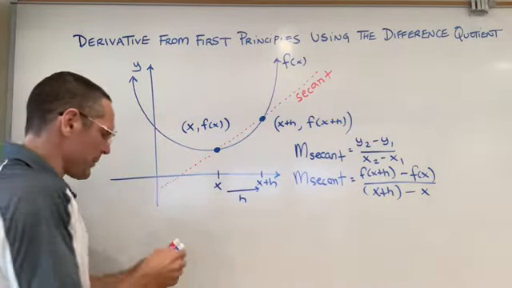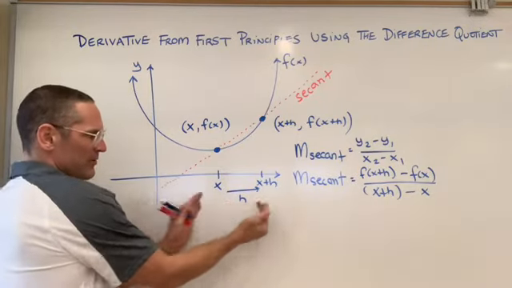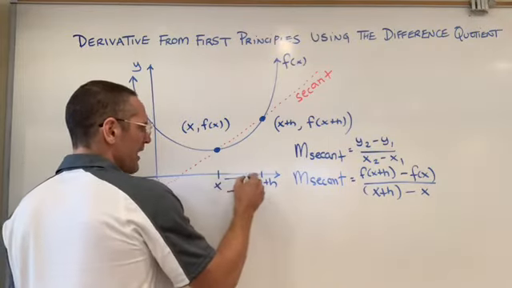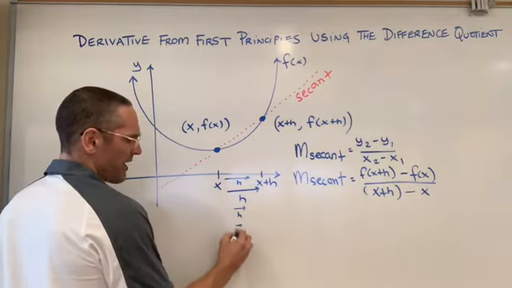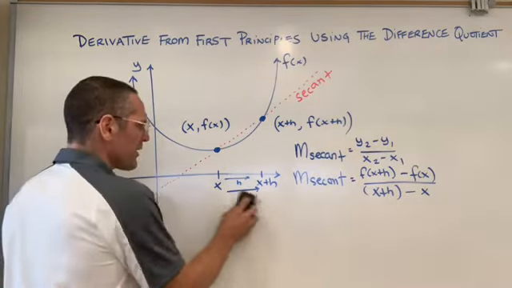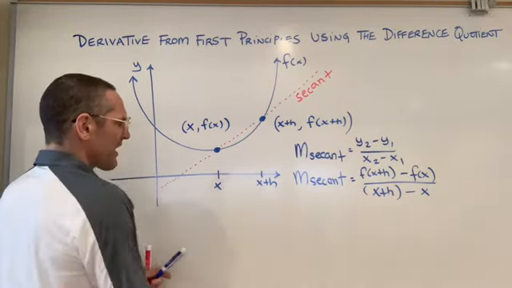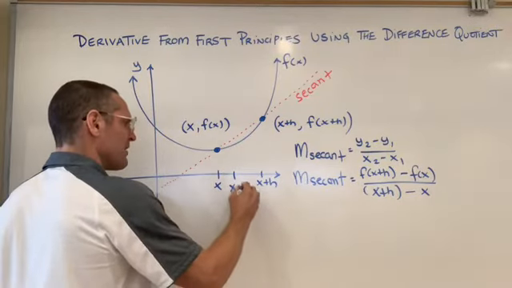Now, what happens if I bring this h smaller and smaller? If I drag x plus h closer to x by making h smaller, h smaller, h smaller, h very, very small. So what I'm doing as I decrease h is I'm bringing x plus h back towards x.